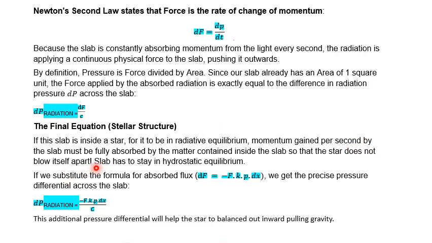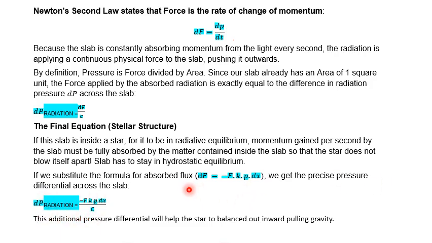This is a huge insight, because if the slab is absorbing too much and the momentum being absorbed cannot equal the radiation pressure, this slab will just blow apart and move outside the star. So for the slab to stay in hydrostatic equilibrium, it has to maintain this equation as well.